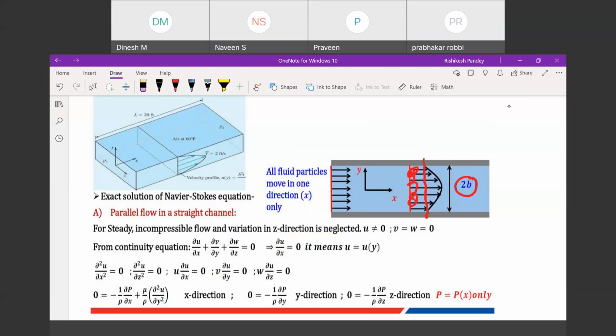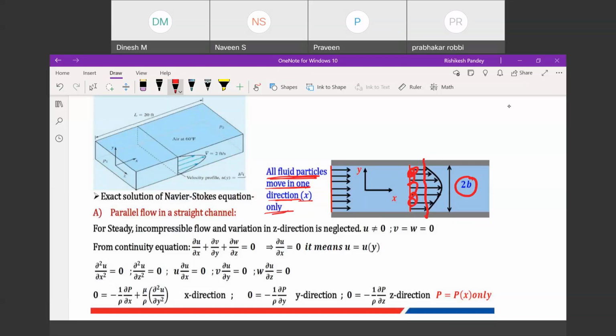If we are considering variation in z direction as 0, and one more thing, all fluid particles move in one direction, that is x direction only. This is our assumption, because after solving this, we'll try to find the equation of Couette flow, which is an important one.